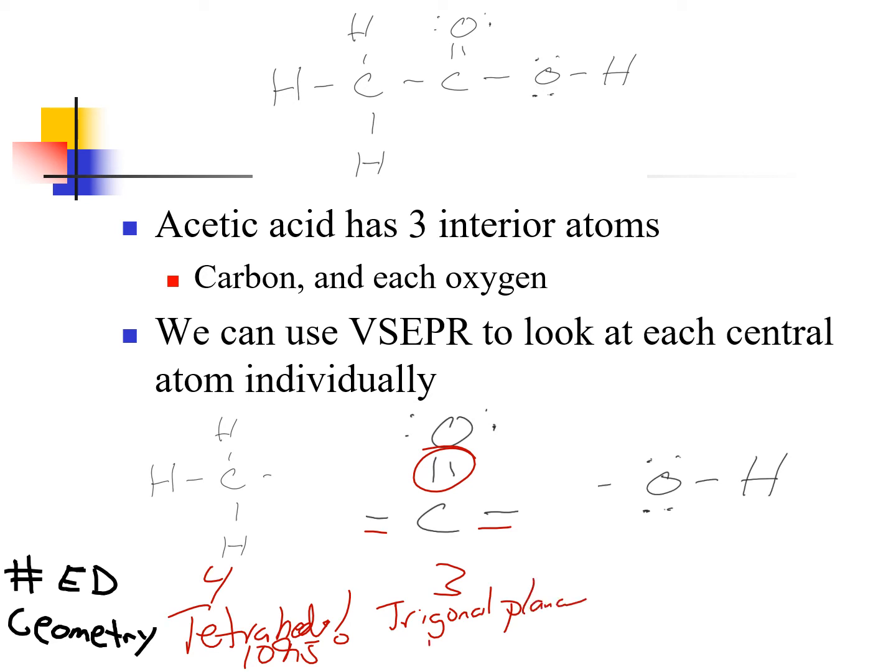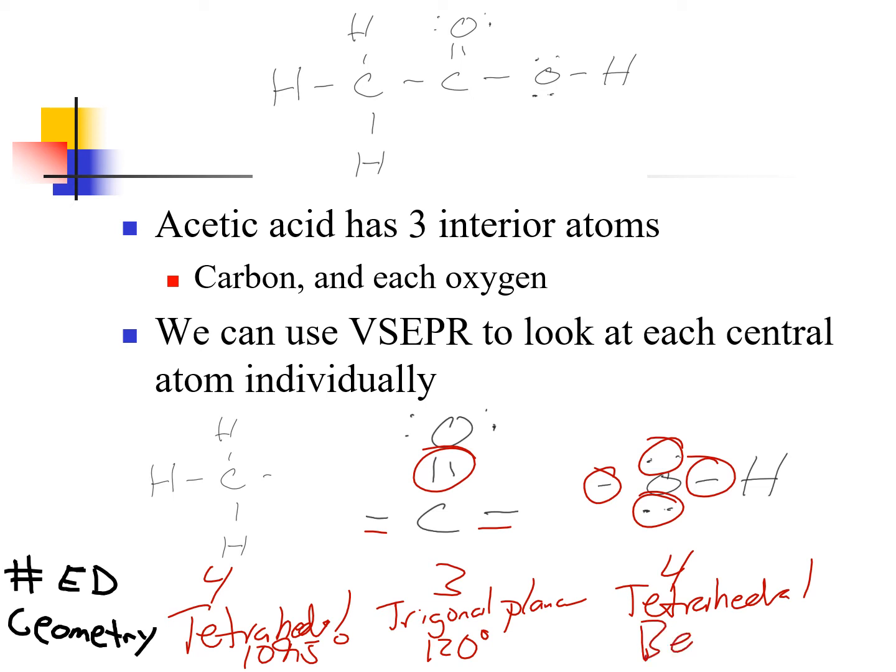We'd be seeing approximate bond angles of 120. Finally, on the right here, I see 4 electron domains, 1, 2, 3, 4. So we're back to tetrahedral. But this time, because 2 of those are non-bonding, tetrahedral with 2 non-bonding gives us bent.